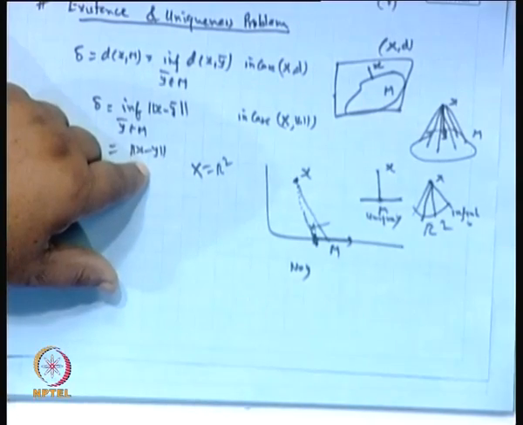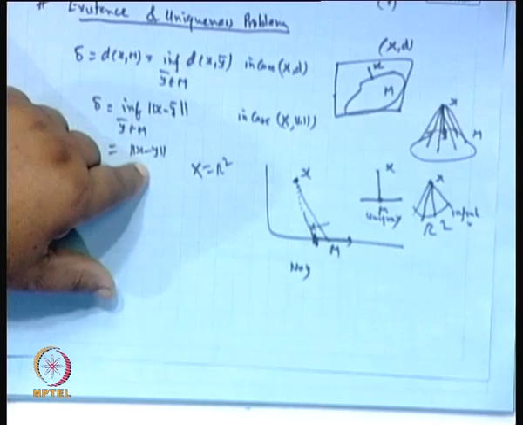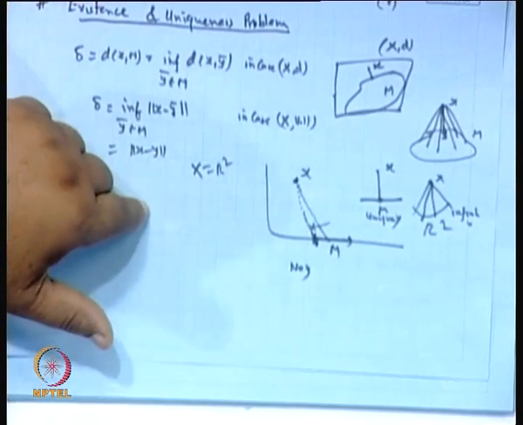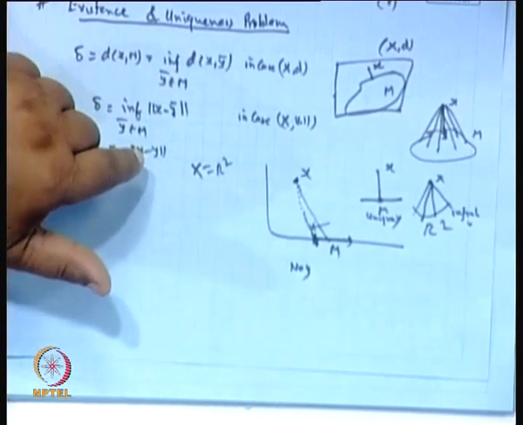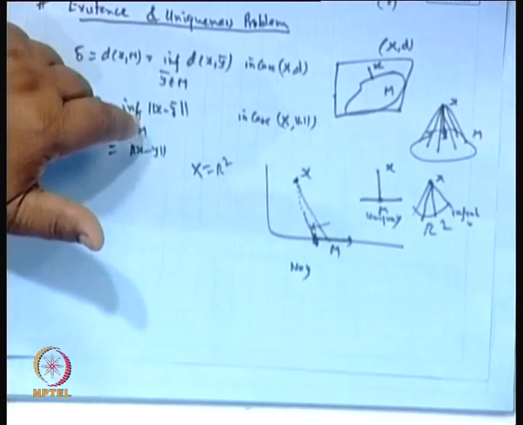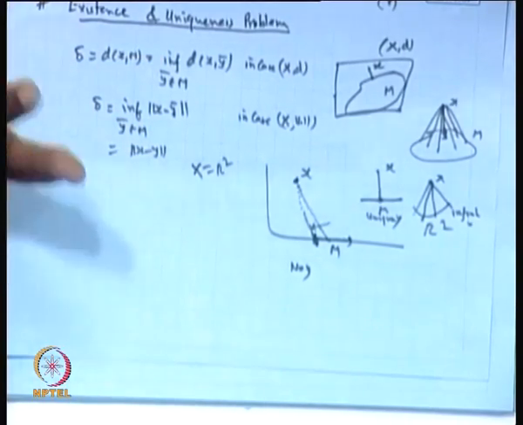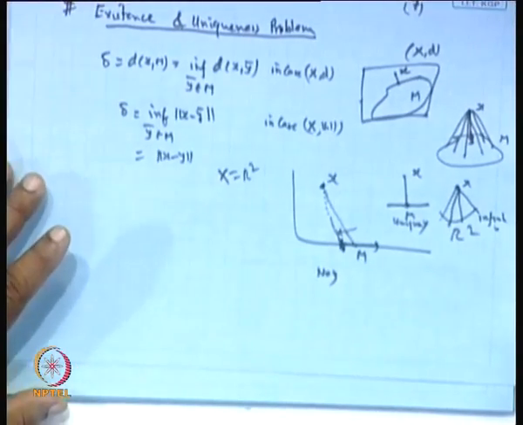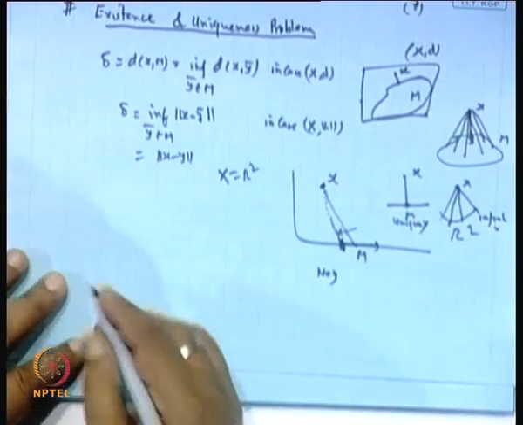So, that is why this uniqueness and existence problem has importance, and inner product space or Hilbert space is widely used for this purpose. Clear? So, using this we require two concepts.